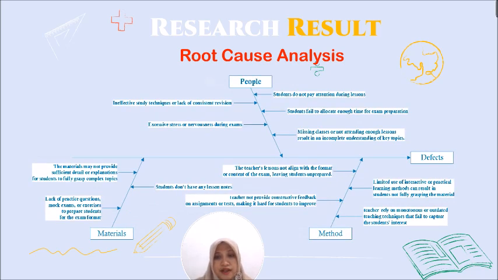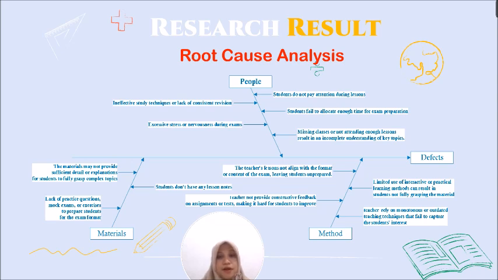Waste defect, there are so many root causes that happen to the waste defect. Defect here means that the student cannot pass the student minimum criteria. So what is the root cause?